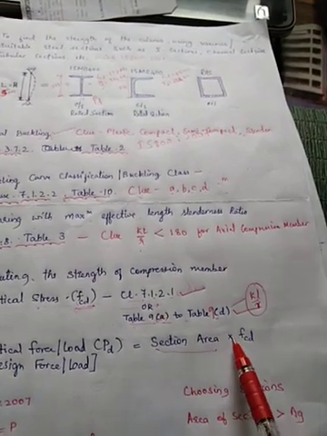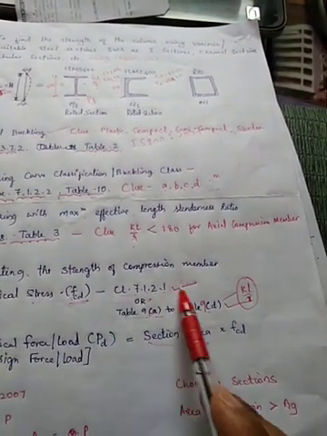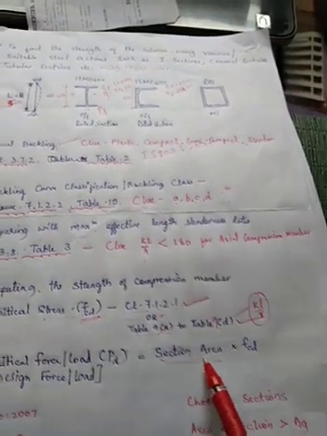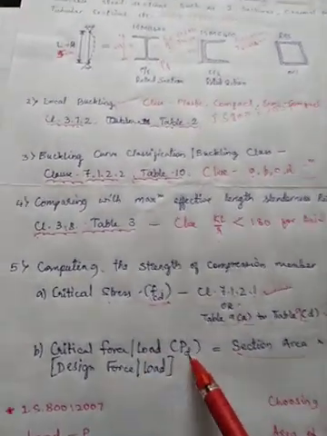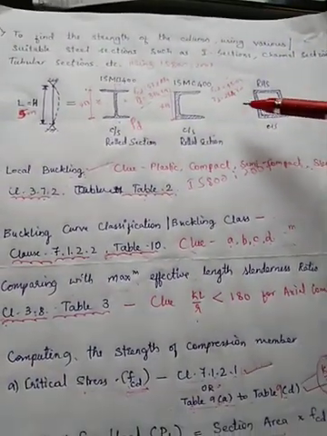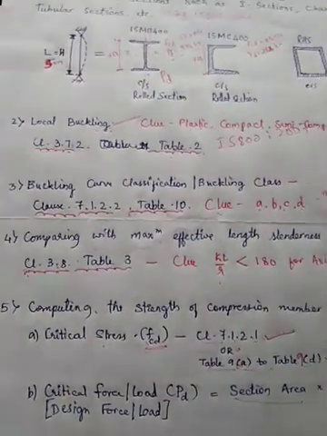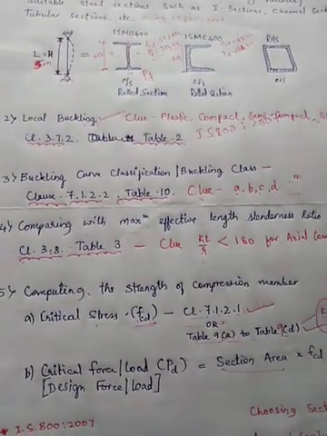That area multiplied with the critical stress that we have found earlier gives me the design force or load of that individual section. So this is how we will follow the steps to find the strength in those sections.